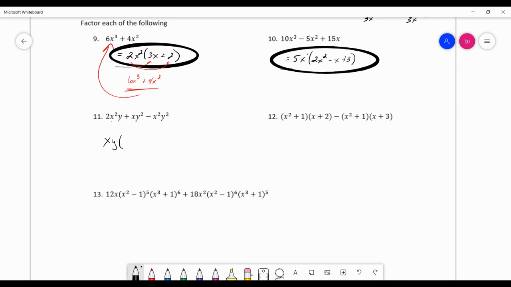If I divide 2x squared y by xy, I'm left with 2x. In other words, if I multiplied xy times 2x, I would get 2x squared y. If I divide xy squared by xy, I'd be left with just y. And negative x squared y squared divided by xy is just a negative xy factored.